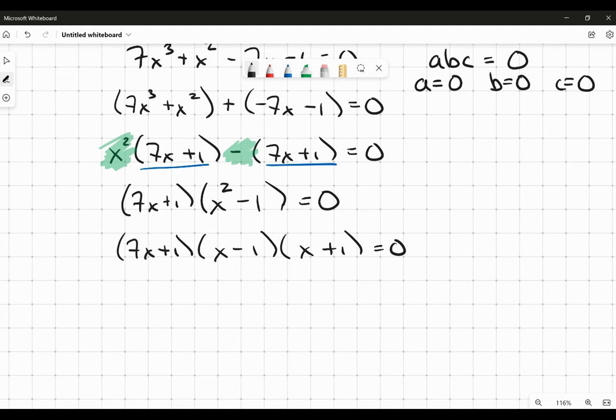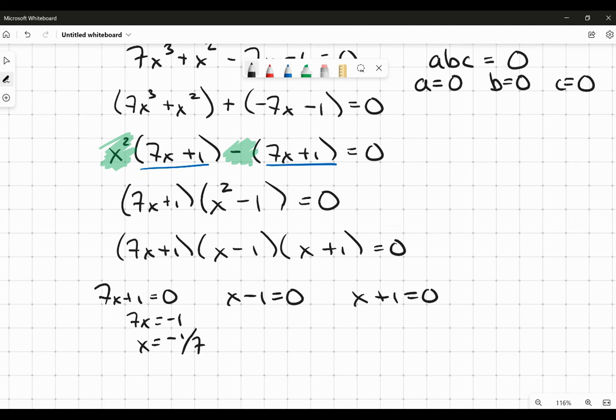The product is 0, which could happen if this first factor is equal to 0, or if the second factor equals 0, or if the third factor equals 0. In any of those 3 cases, I'm going to get a 0 for the overall result here. Now, this is going to end up becoming 7x equals negative 1, x equals negative 1/7.